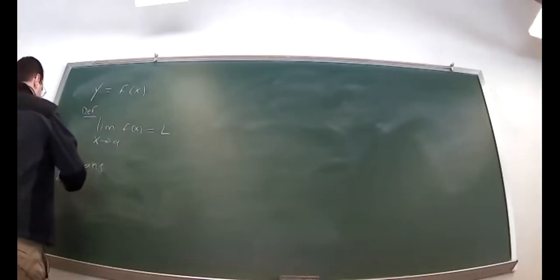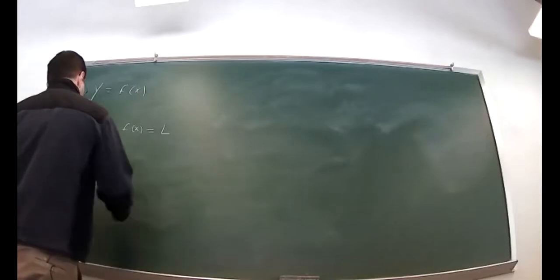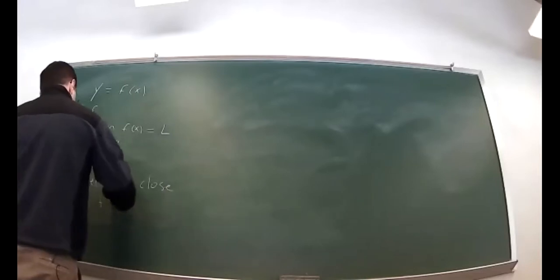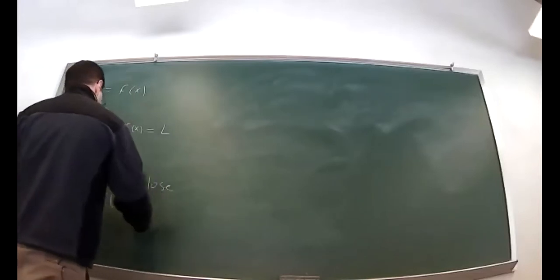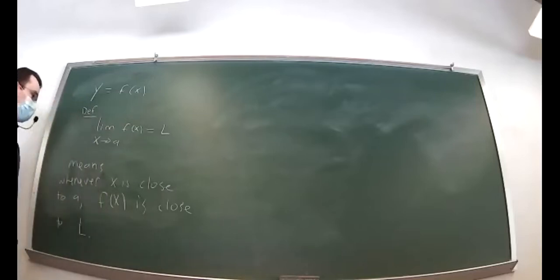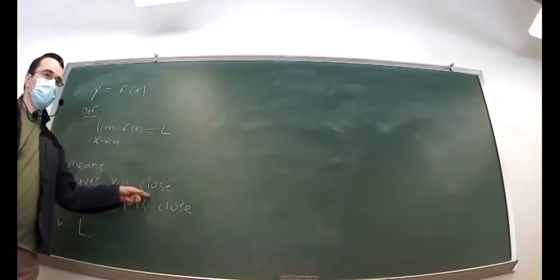So it means whenever x is very close to a, f of x is close to L. And you might reasonably ask, what does it mean when you say close?